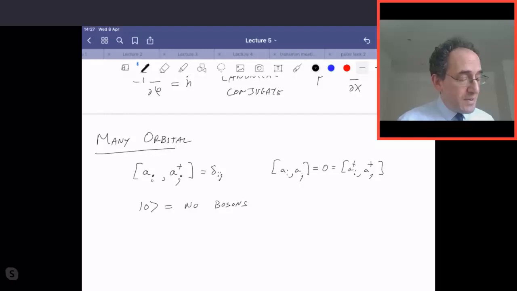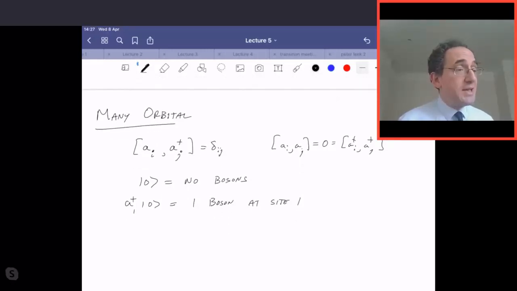And we can have a dagger on site 1. So this is one boson at site 1. This is the site index down here; it tells you where the creation operator is acting. We could do a dagger 2, a dagger 1 squared on |0>.